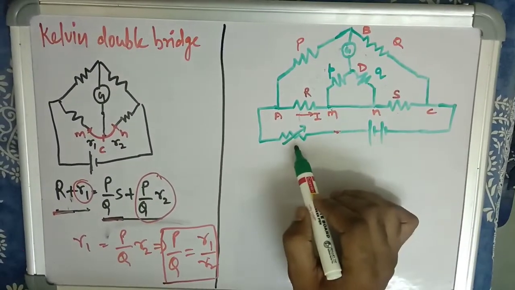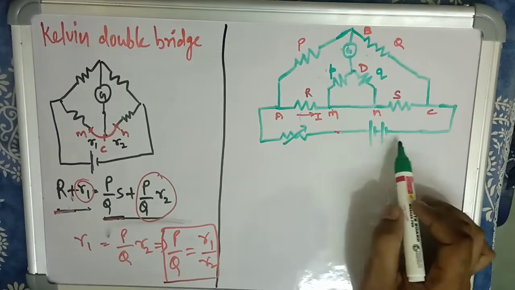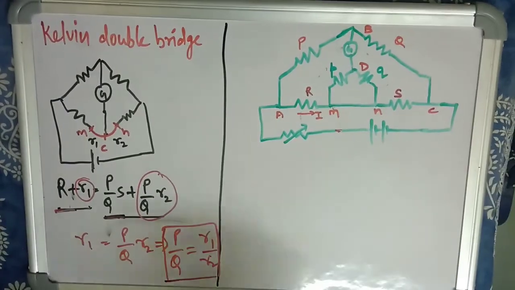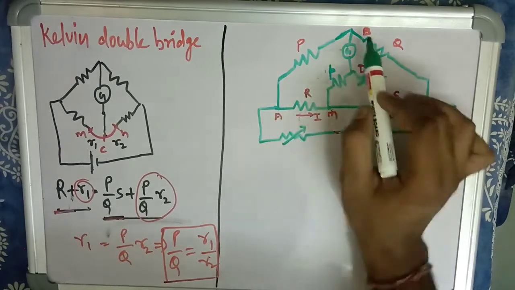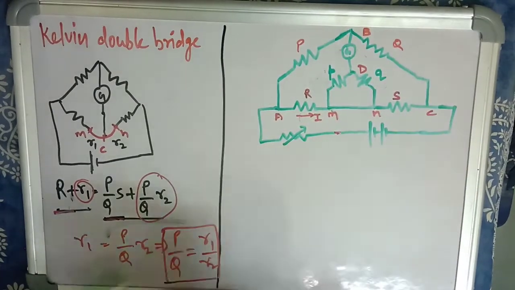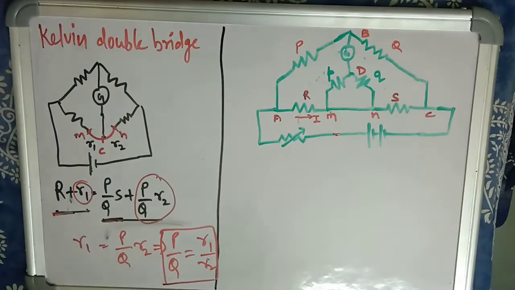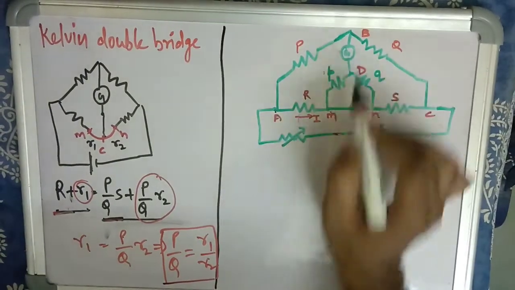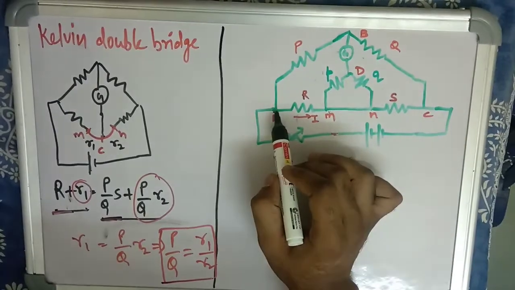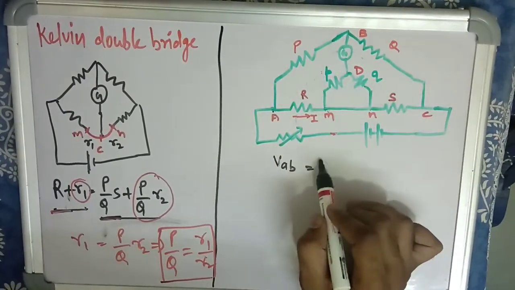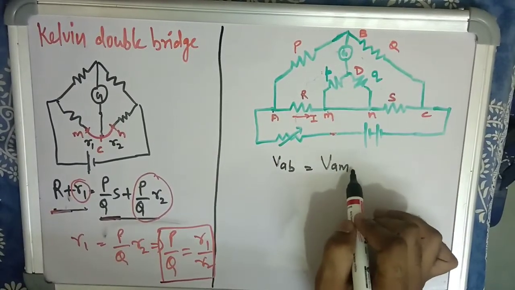So this is the variable resistance and we apply voltage here. For the balance condition, the voltage between A and B, VAB, must be equal to the voltage across AMD, VAMD.